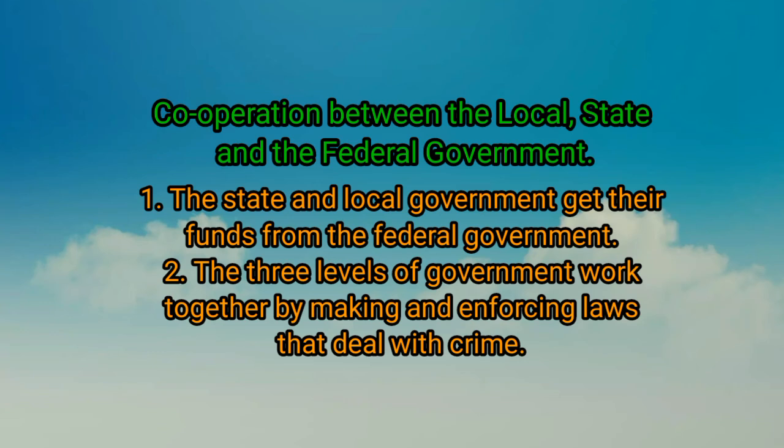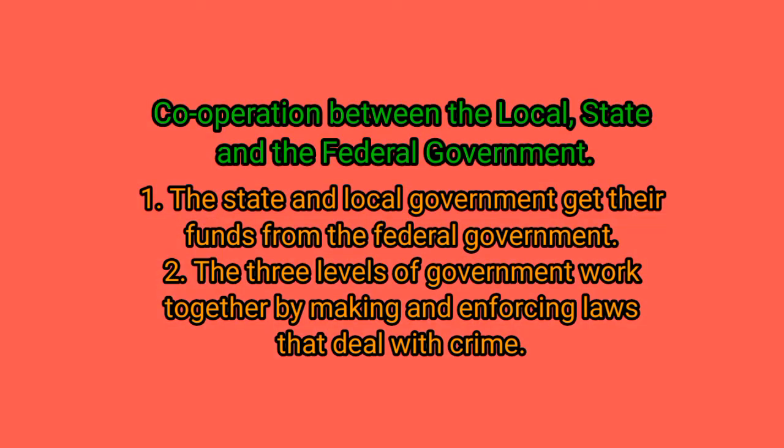For example, the states and local governments receive grants from the federal government. The local, state and federal governments work together by making and enforcing laws that deal with crime. So the three levels of government also need to cooperate with one another.